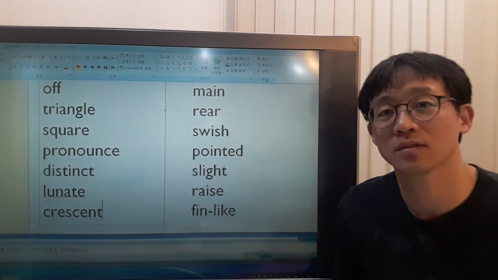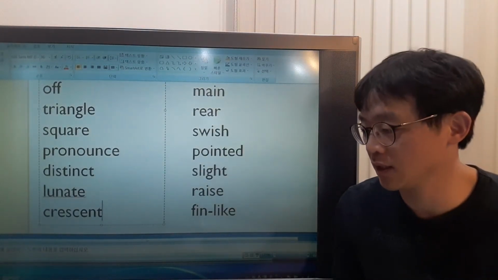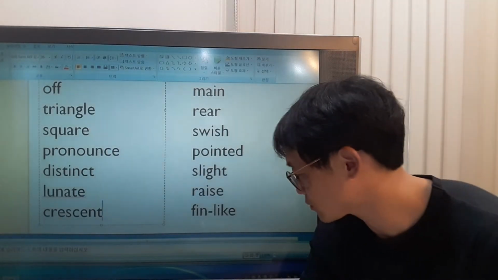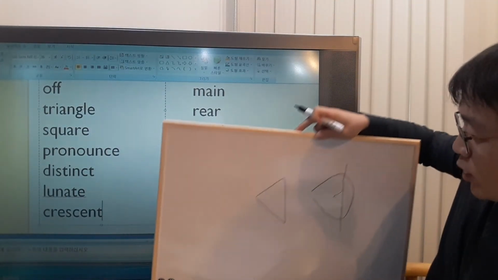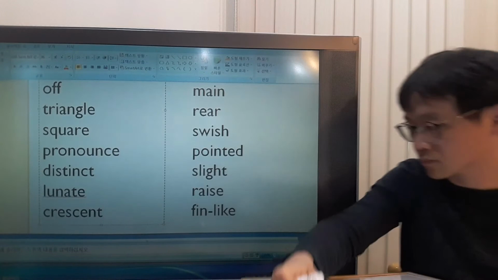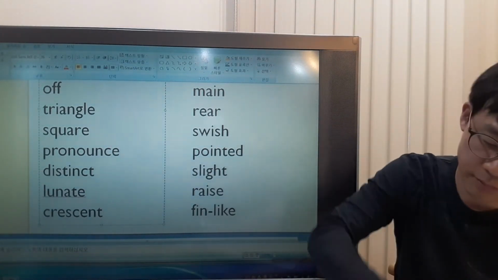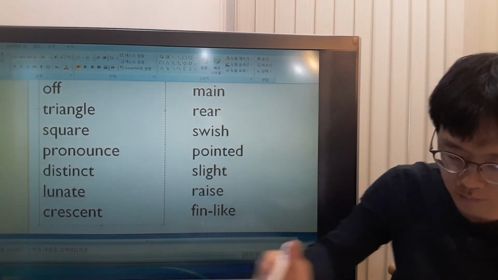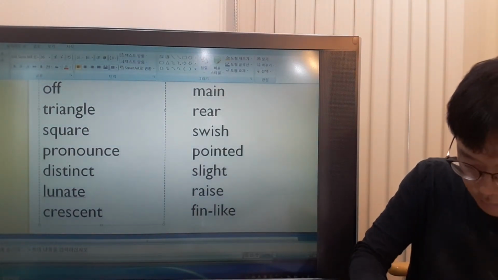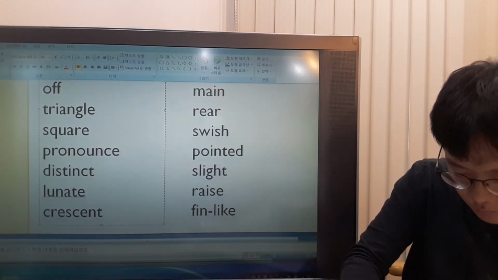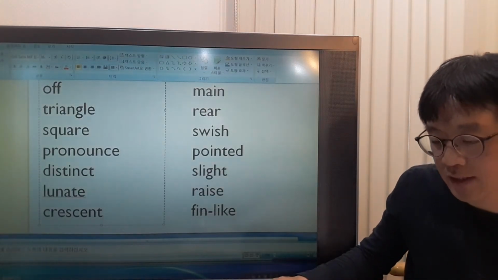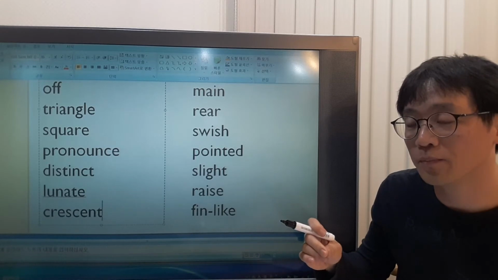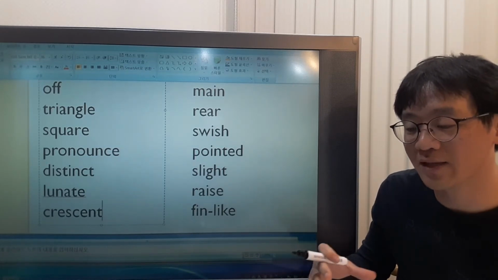What is a crescent? Crescent is a shape where the shape is curved, all right? And the middle part is wider than the end.